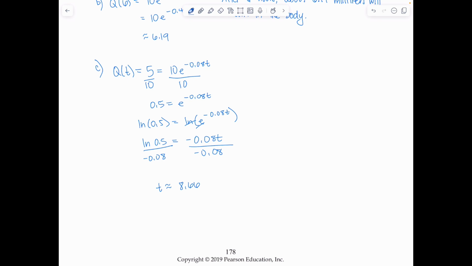So we can say it will take about 8.66 hours for the amount of the drug to be half of the initial amount.